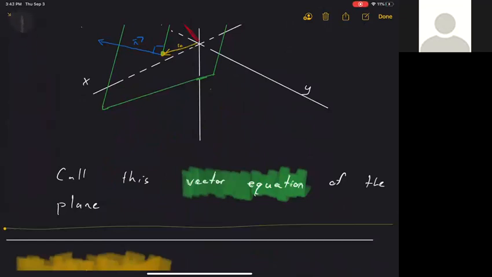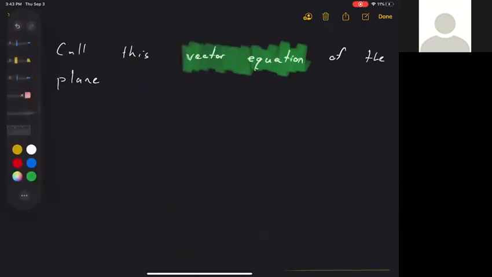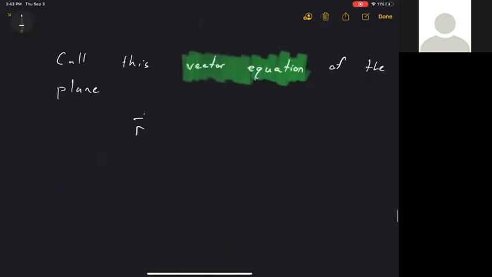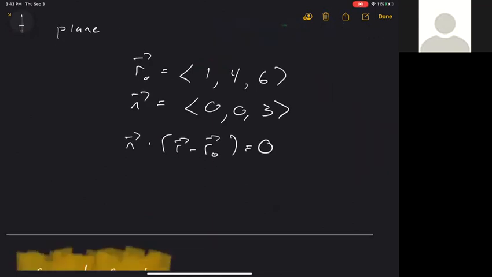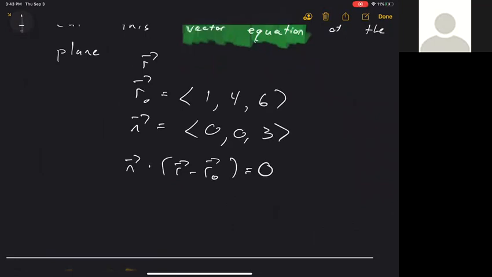So let's see another example, just real quick. Let's say r sub 0 is the vector (1, 4, 6), and my normal vector is (0, 0, 3). Then the vector equation of the plane is going to be n dot (r minus r sub 0) equals 0. I could write my r as (x, y, z).